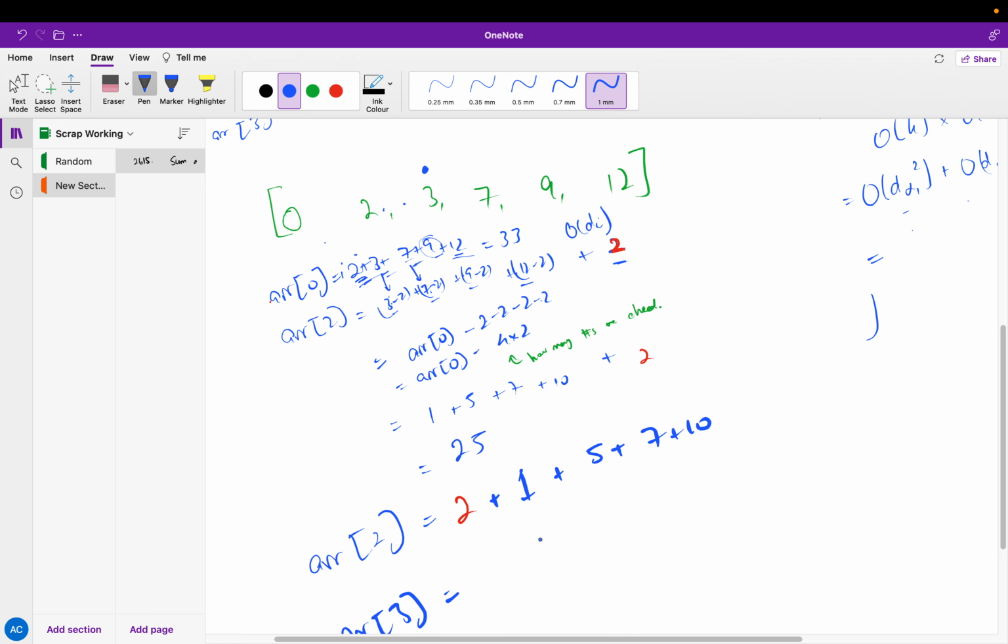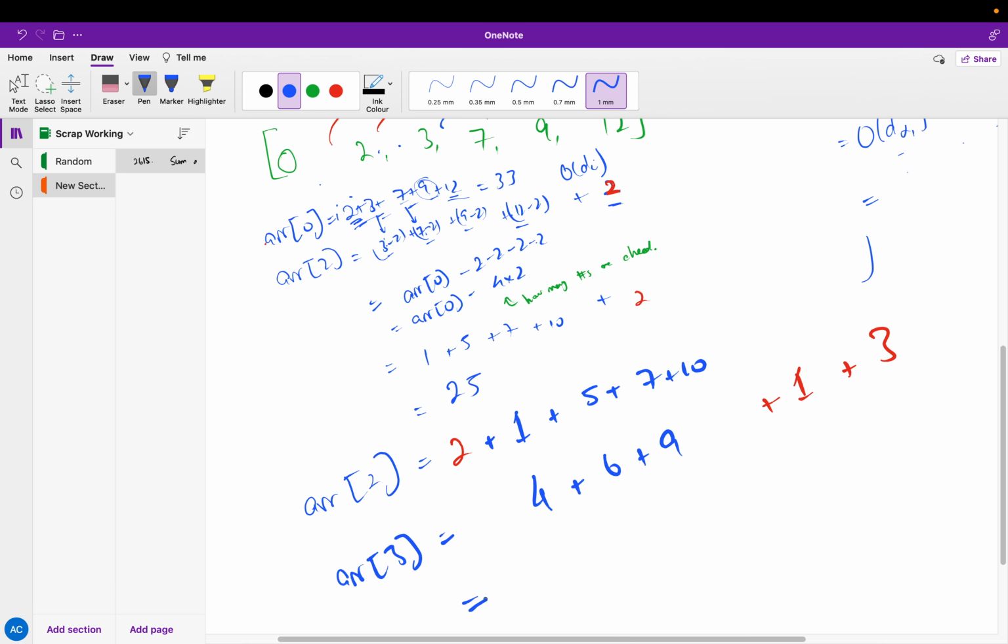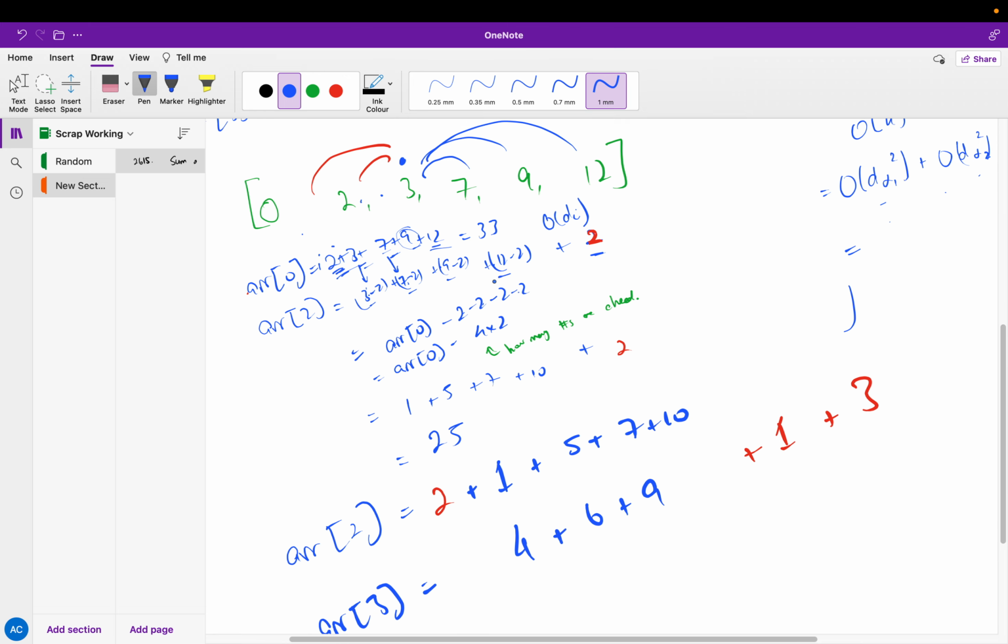Let's not worry about the backward stuff too much. So it would be 4 plus 6 plus 9. That's the forward jumps, plus some red stuff. It would be plus 1 plus 3, right? 1 and 3.